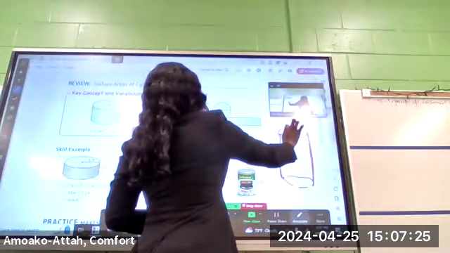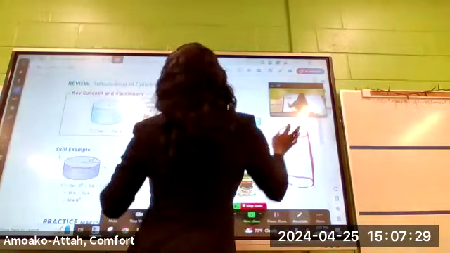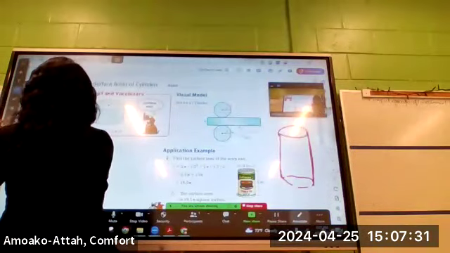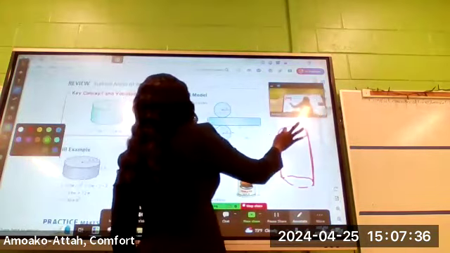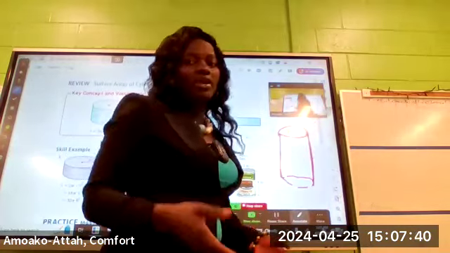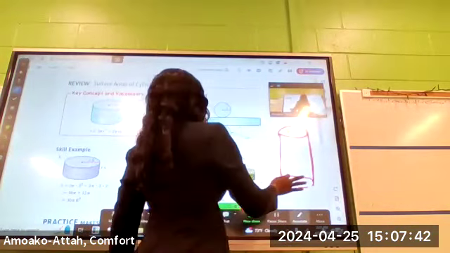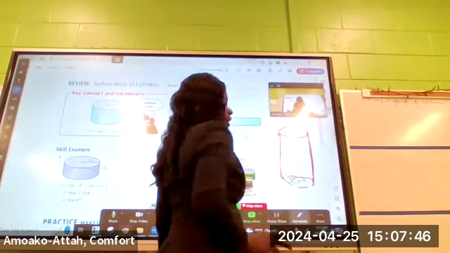So in this case, I calculate the area of each circular part. Let's take a different color. This is pi r squared, where r is the radius of my circle. Then this circular part too is pi times the radius squared.